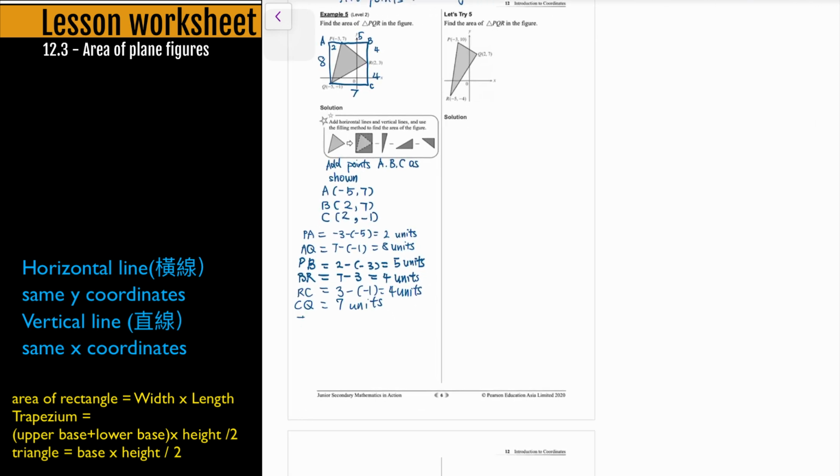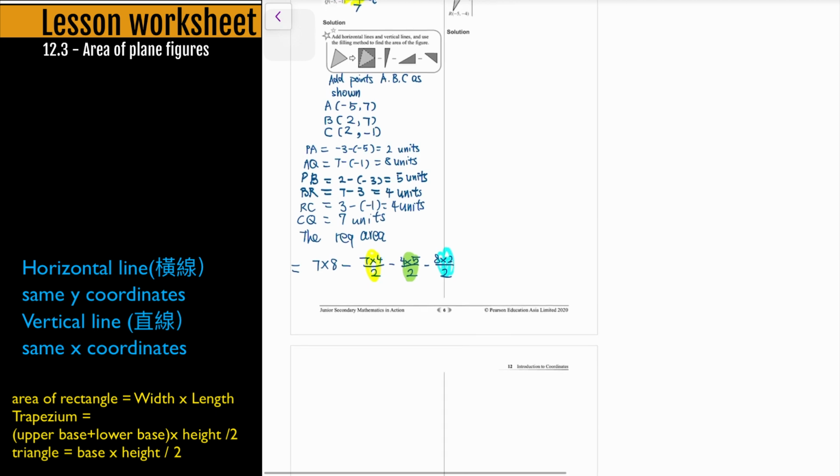Once you got this 7 units, then we can solve it. For the required area, because we have so many areas, we have 7 times 8, which is the rectangle, and then minus 7 times 4 divided by 2, minus 4 times 5 divided by 2, and then minus 8 times 2 divided by 2. So we got 3 areas: the first triangle is yellow, the second green, and the last one blue. So what I do here is something you have to do.